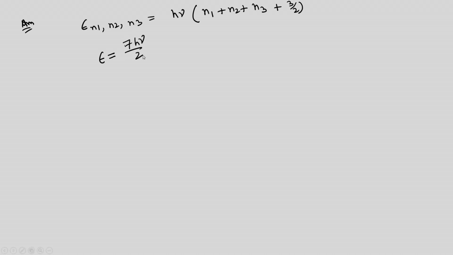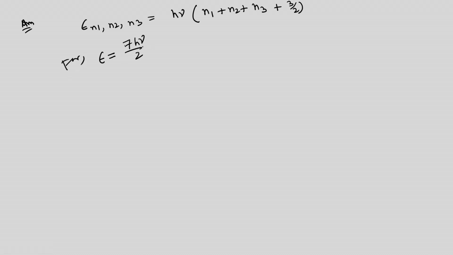Okay, so it is given the energy of a three-dimensional harmonic oscillator is h nu times n1 plus n2 plus n3 plus 3 by 2. First we consider 7 h nu by 2.